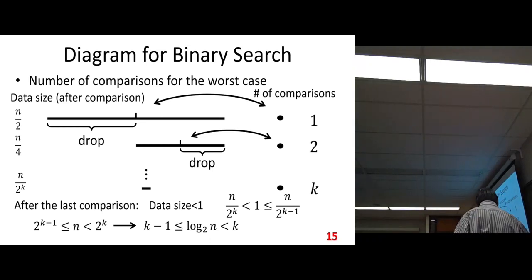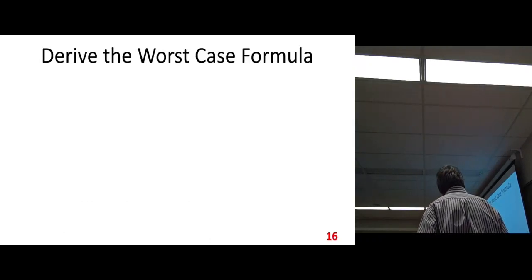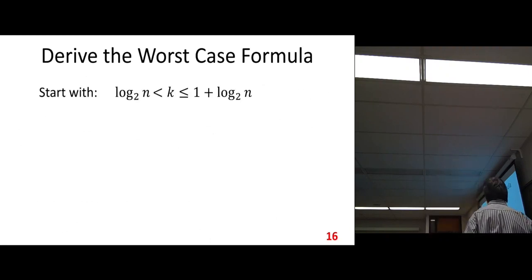Now, derive the worst case formula from the inequality. Floor and ceiling function. If we take the floor function, we get k. But we also need another possibility, the ceiling function from this side. Because there is an equal sign here, it is better to take the floor function first.